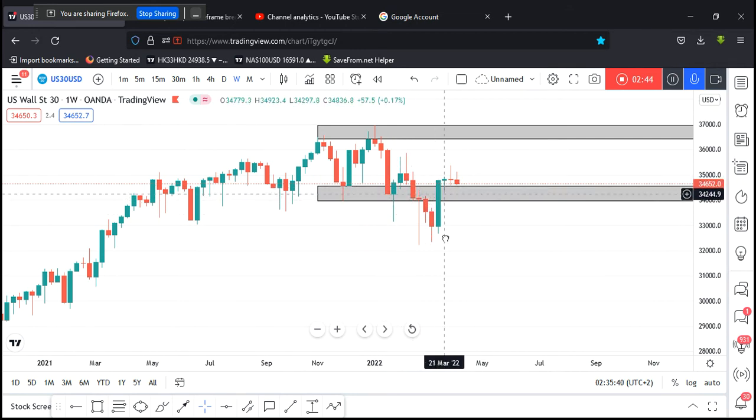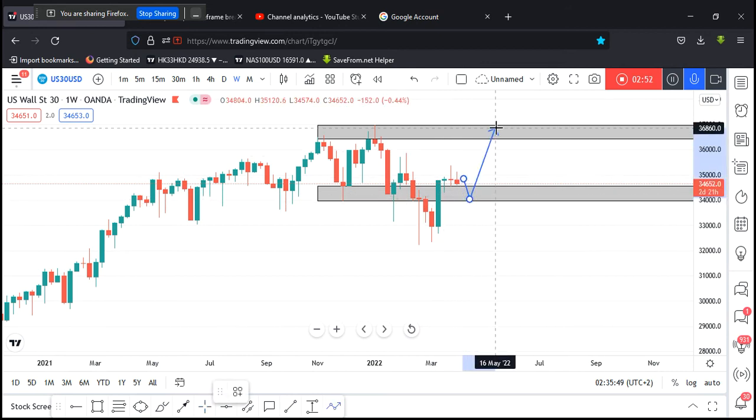We were expecting the market to turn somewhere there, although it didn't happen. So now we expect the market to come back into that area there to find the momentum to push all the way to the upside.